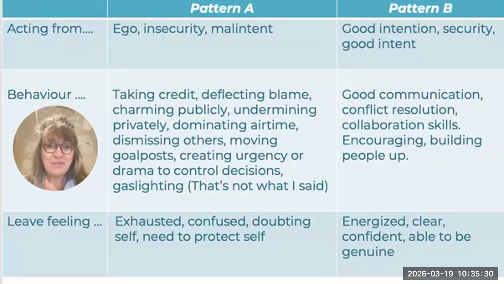They can be charming publicly, but undermining privately. They can dominate, dismiss others, and they can leave you feeling exhausted, confused, doubting yourself, and feeling the need to protect yourself.